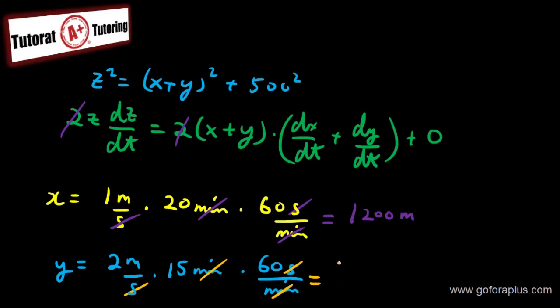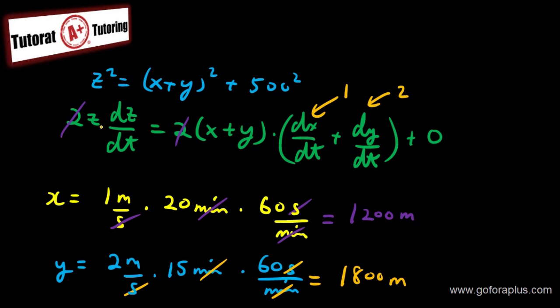So the answer is going to be 1,800 meters here. Okay, so I have my x, I have my y, I have dx over dt, which is 1, and dy over dt, which is 2. And x is 1,200, y is 1,800. So let's plug in the numbers.